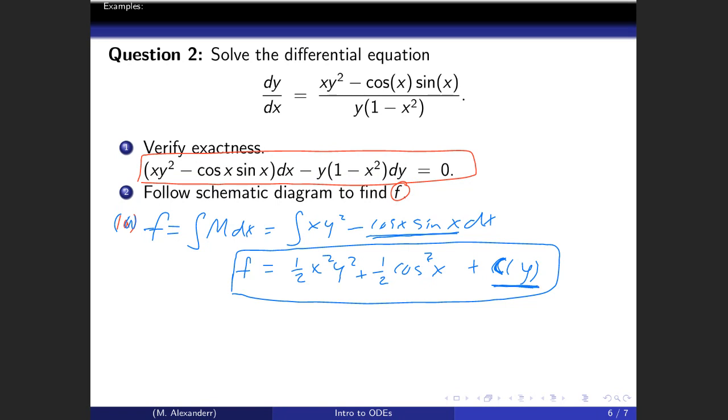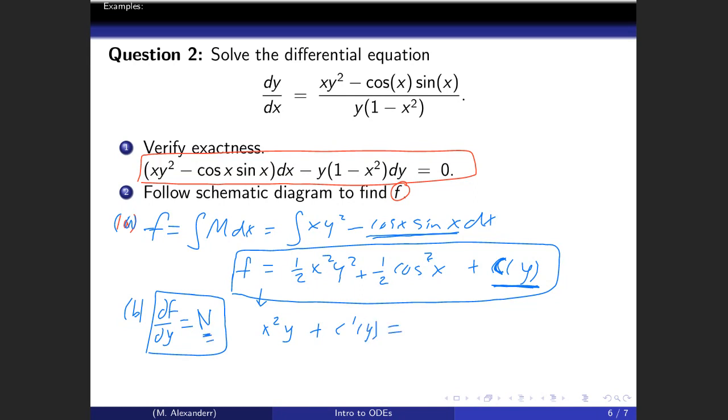All right, so that means that we have to go into step B. Step B says that we want to differentiate the function f with respect to the y variable, and then we're going to make it equal to the N formula. So the function that we just got, we're going to differentiate this with respect to the y variable. What is the derivative with respect to the y variable? So this will give us x squared y, the second term goes away, and then plus c prime of y is equal to the N function.